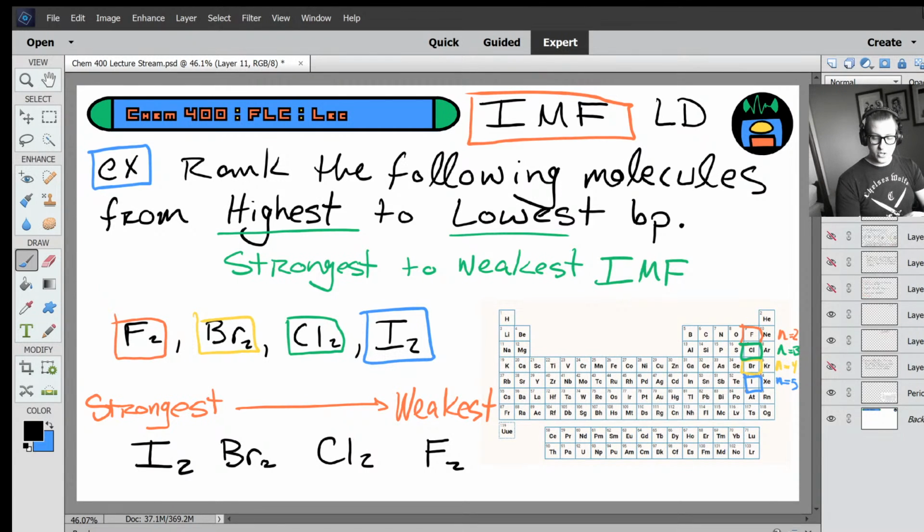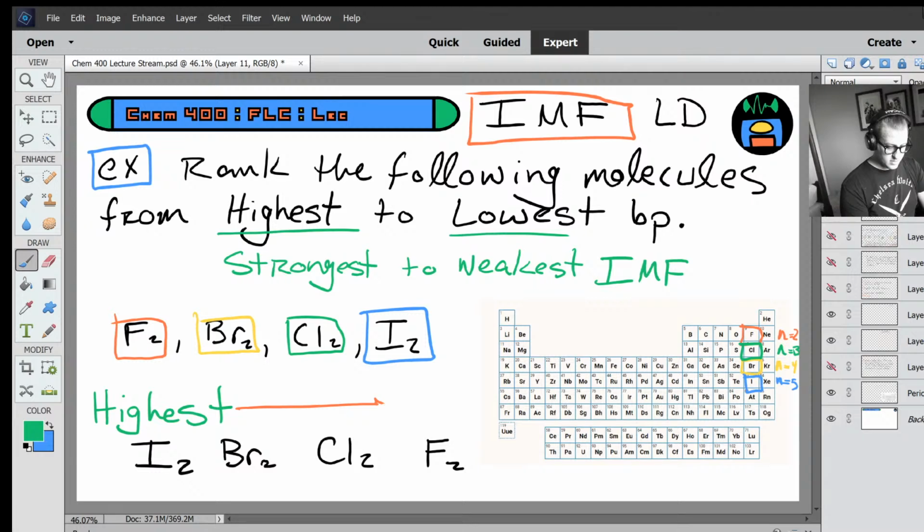So that is how you would rank the boiling point. We just ranked from strongest to weakest, but what did we say? That is code for highest boiling point to lowest. All right, that is how you rank a group of molecules that only have London dispersion forces present.